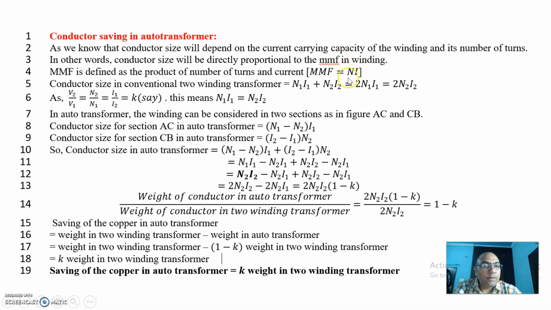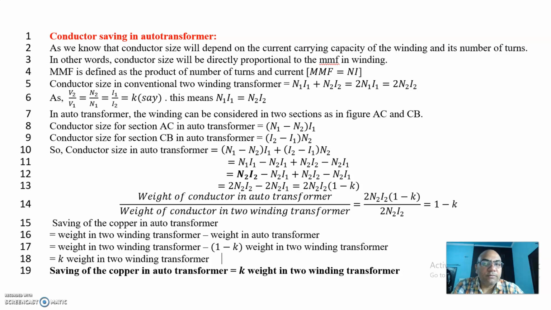So if we have more turns, then obviously the winding will carry more MMF, magnetomotive force, right? So MMF equals Ni, which means the conductor size will depend on the total value of MMF.